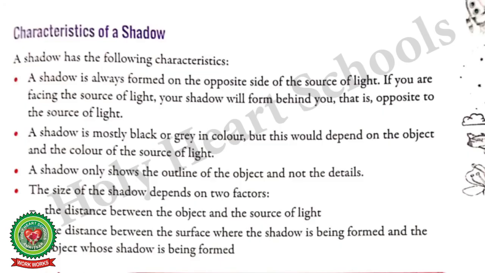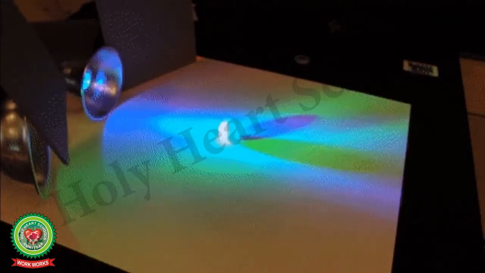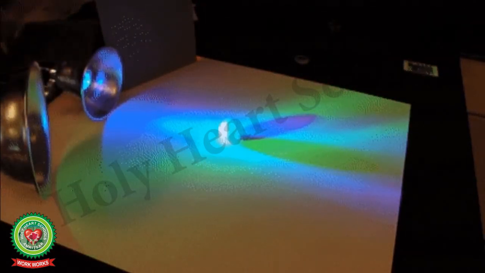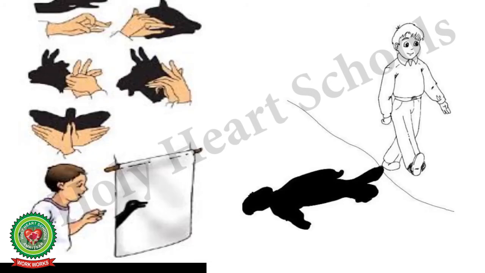Number 2, a shadow is mostly black or grey in color. But this would depend on the object and the color of the source of light. A shadow only shows the outline of the object and not the details.